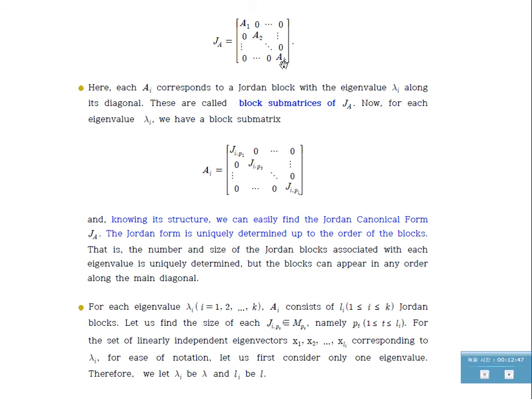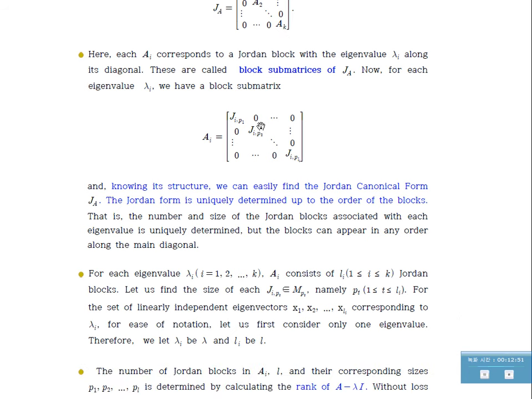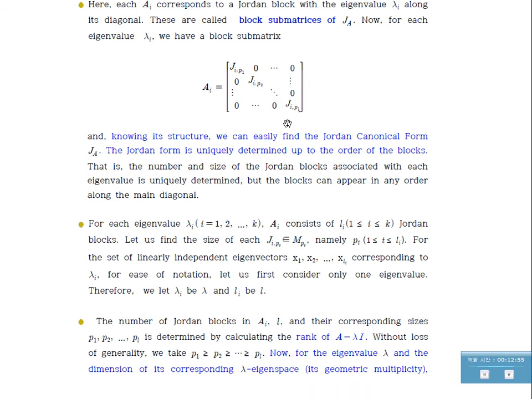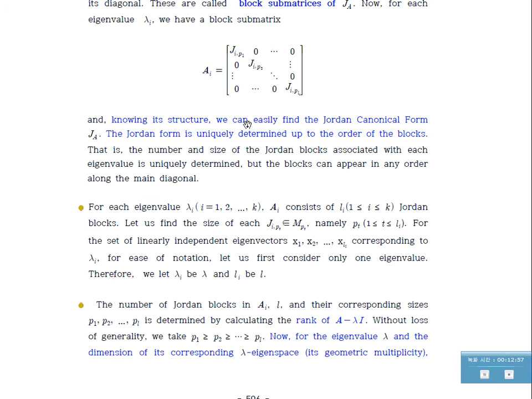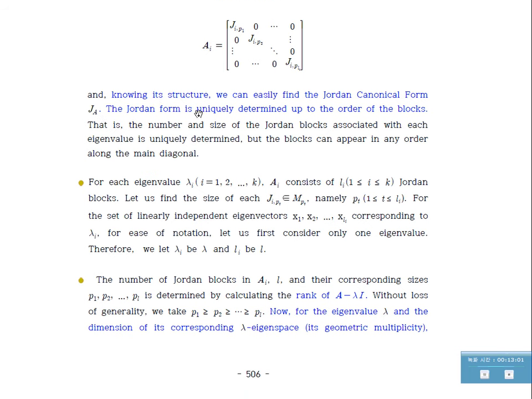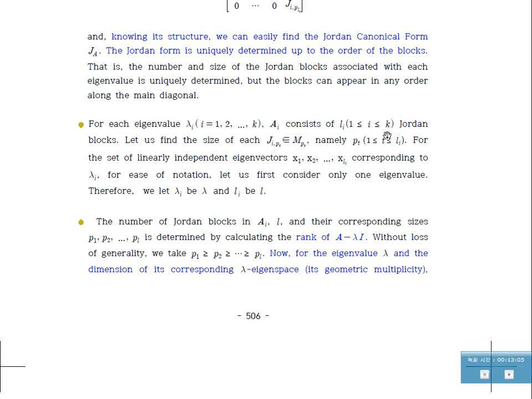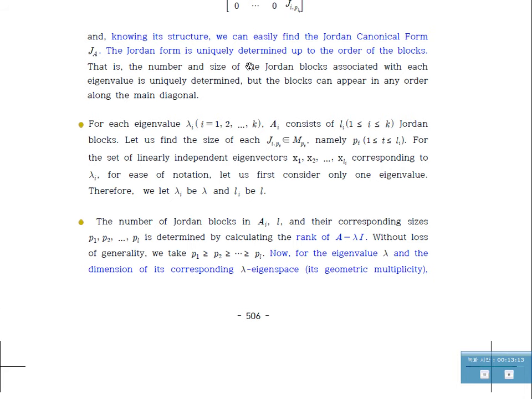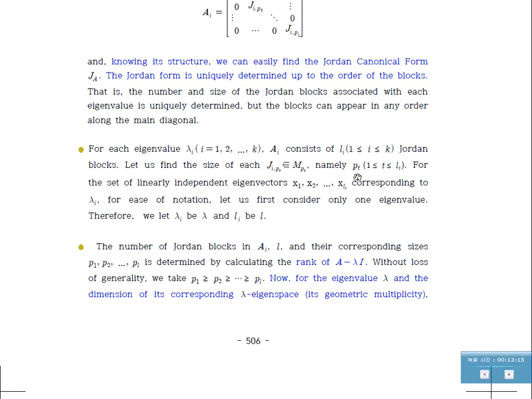When A has k distinct eigenvalues, then we can have a Jordan canonical form. Knowing this structure, we can easily find the Jordan canonical form JA. The Jordan canonical form is uniquely determined up to the order of the blocks. Each eigenvalue lambda i consists of Li Jordan blocks. Let us find the size of each of the Jordan blocks in Ai.